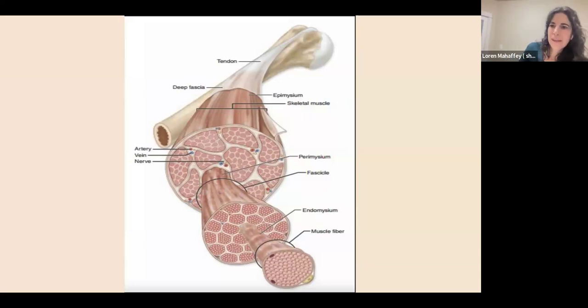Something we can think of, an analogy we could make, is like a lemon or an orange, where the most outer layer between the skin and the sections is like the epimysium.